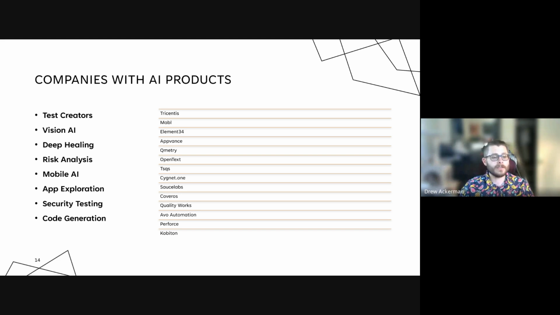So the idea of deep healing is you have AI that would see that failure and then change the test by itself without you needing to interfere and say, oh yeah, they got rid of the ID, but we can latch onto it by a class name or some other attribute or combination of attributes.